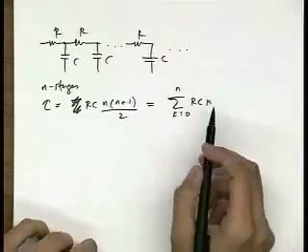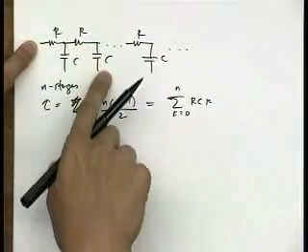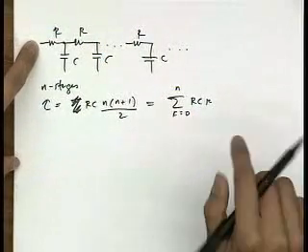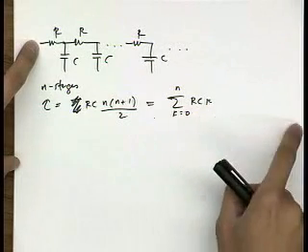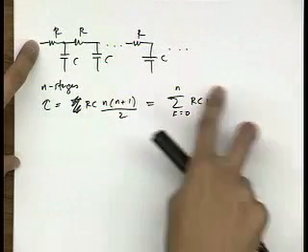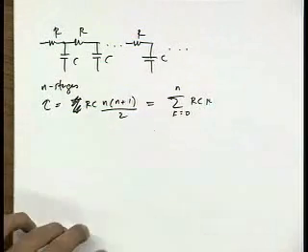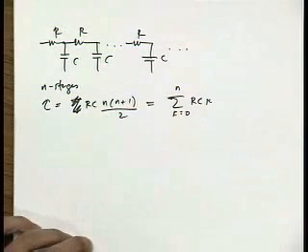If you have RC, then R plus RC, and R plus R plus RC, each of that will be the sum. So you have RC plus 2RC plus 3RC plus 4RC. That gives you this one.